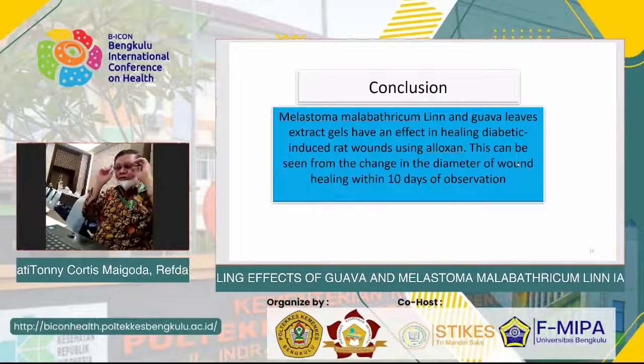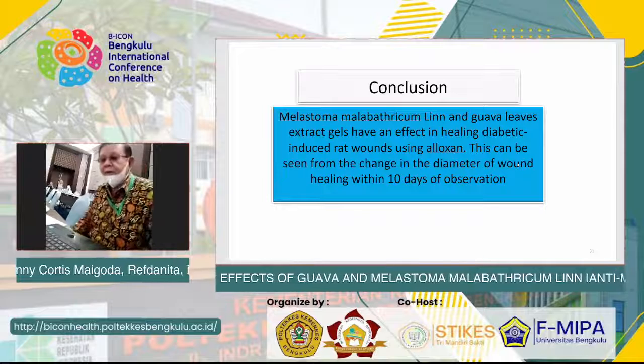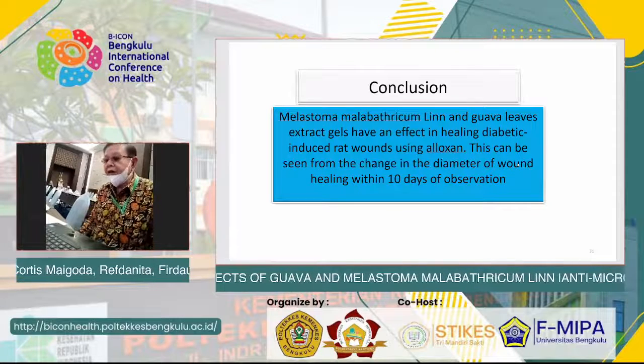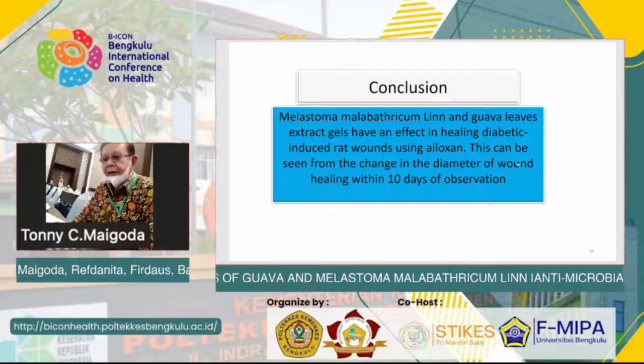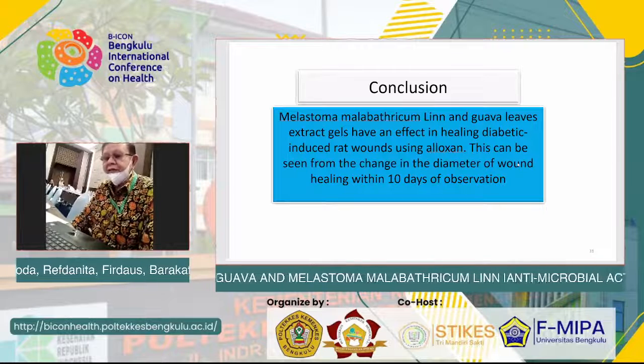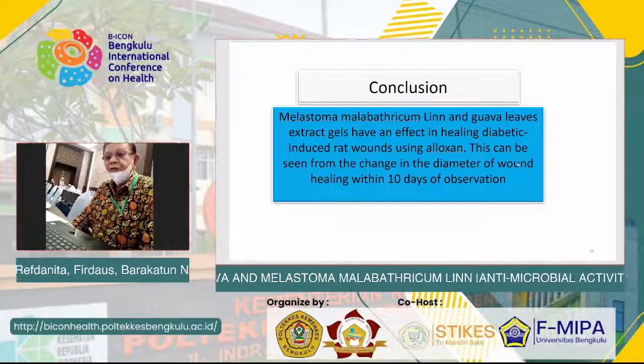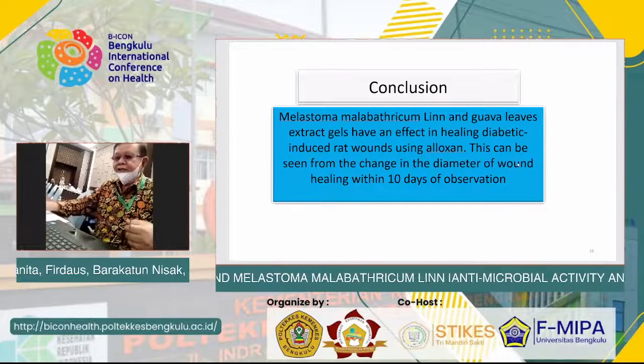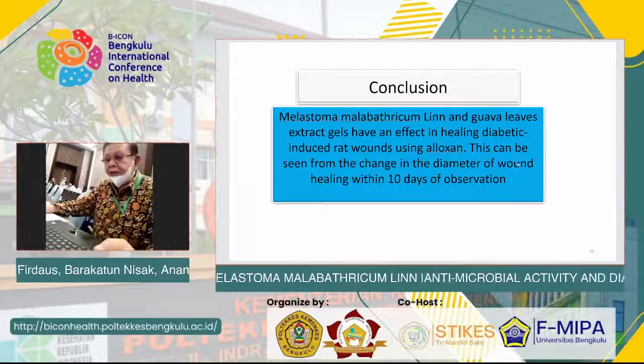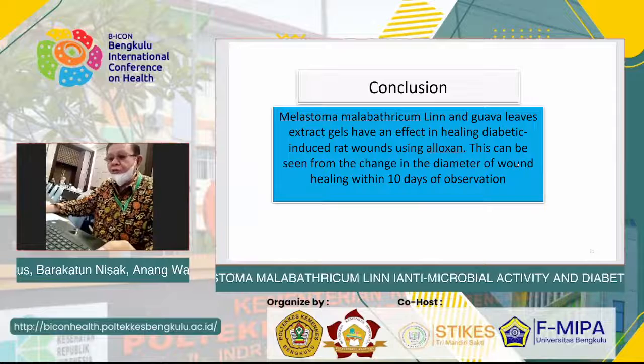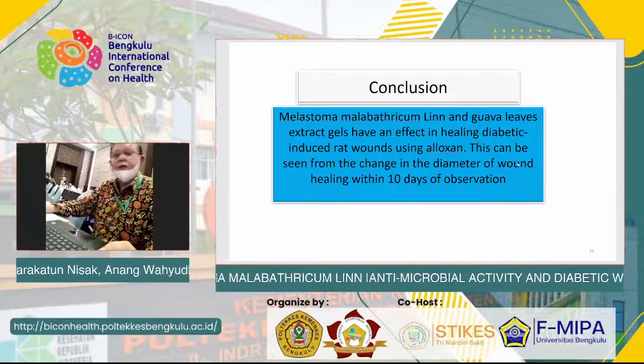My conclusion is that Melastoma malabathricum Linn and guava leaves extract gel have an effect in healing diabetic-induced rat wounds using alloxan. This can be seen from the change in the diameter of wound healing within 10 days of observation.